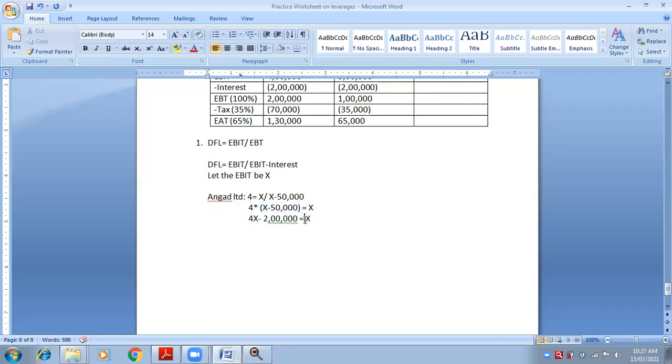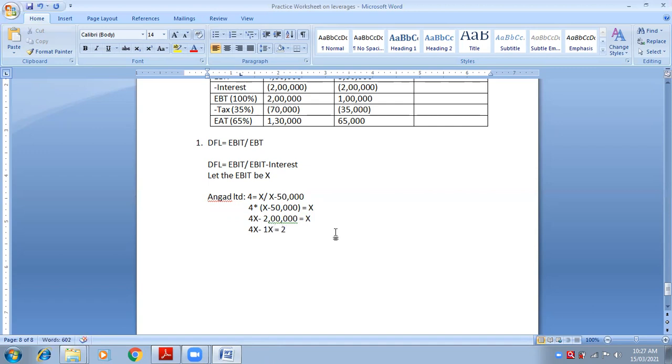Now this equals to X will go to the opposite side and will become minus. This is plus 1X. Will go to the opposite side of equals to and become minus 1X. So what you will do, X together, all the items of X together. So 4X minus 1X is equals to 2 lakhs.